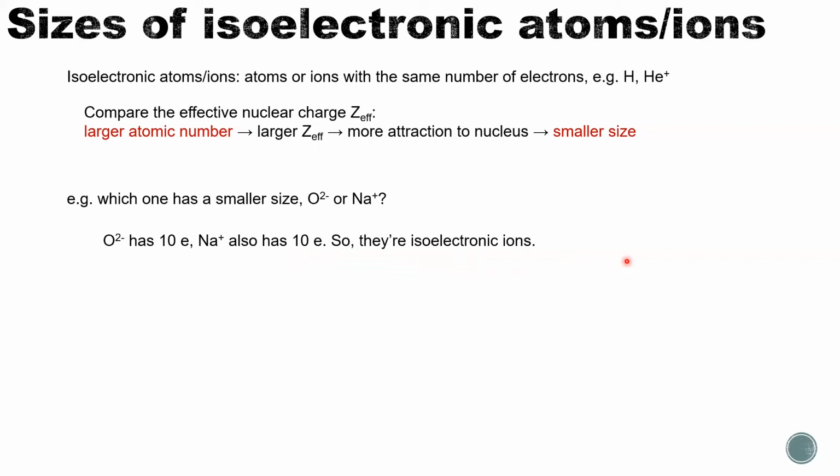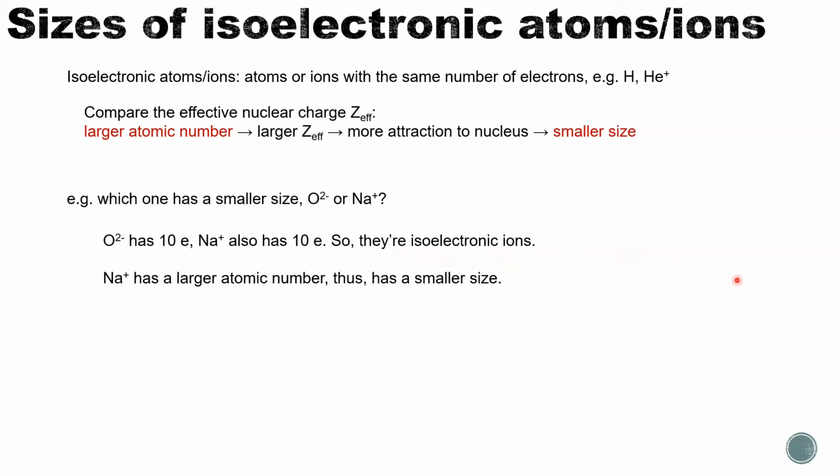When they are isoelectronic ions, we need to compare which one has the larger atomic number, or more effective nuclear charge. Of course, sodium has a larger atomic number, so there is more attraction of electrons in the sodium cation, so it has a smaller size.